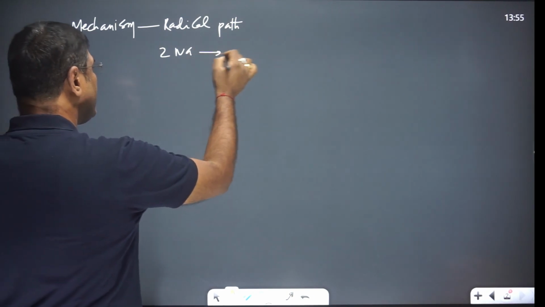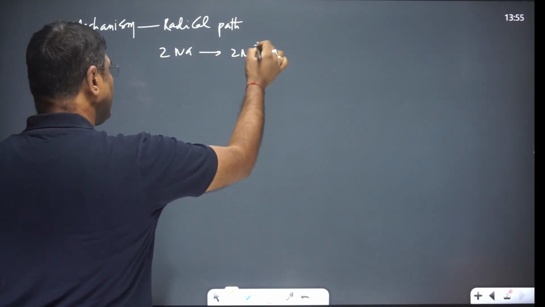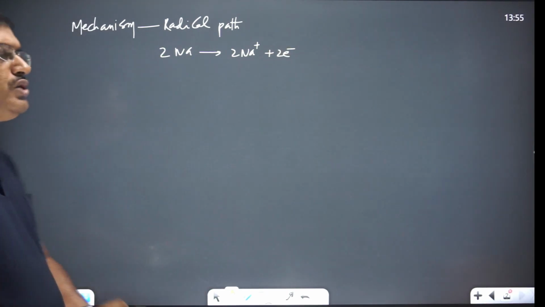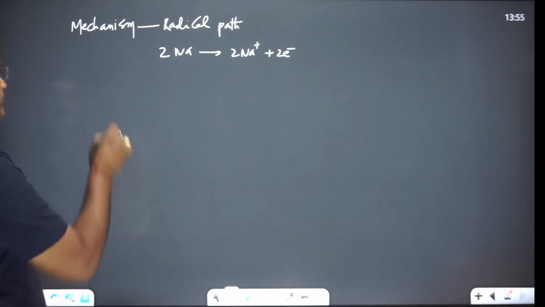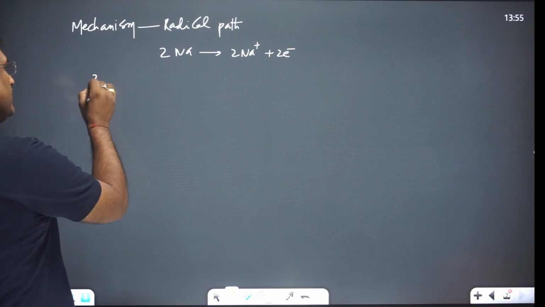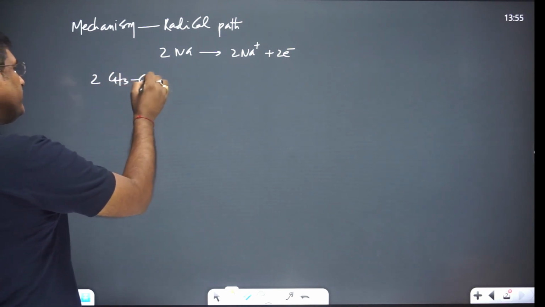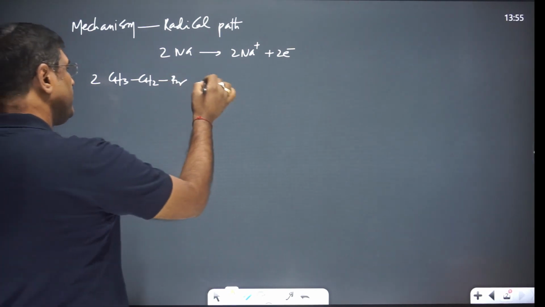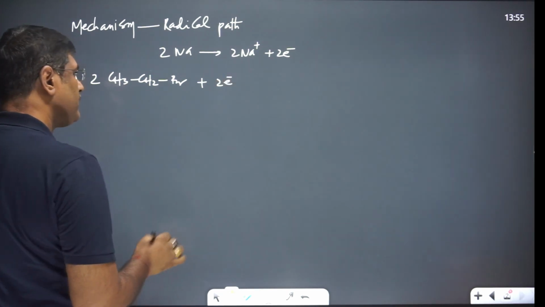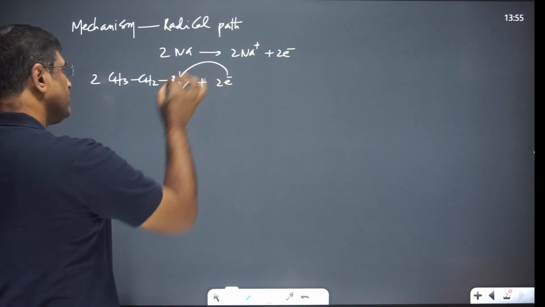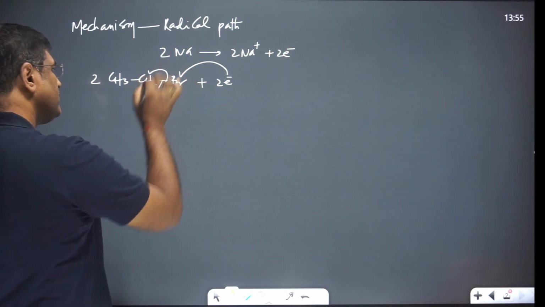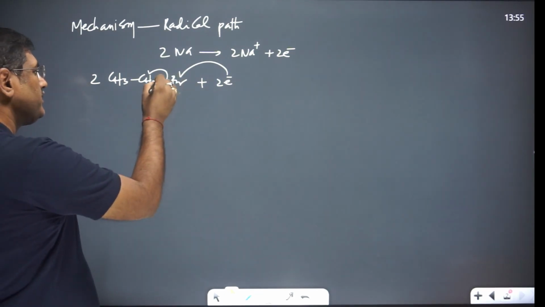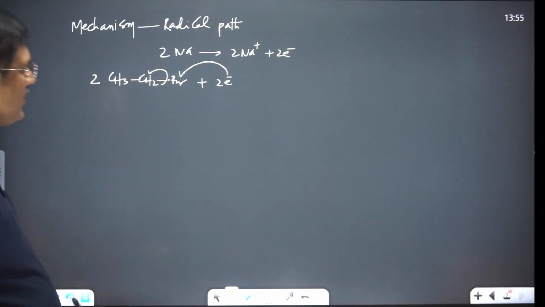2Na get ionized, giving 2 electrons. These 2 electrons are given to the alkyl halides, 2CH3CH2Br, 1 electron each. Then the bond is leaving, one electron being taken, and getting separated.